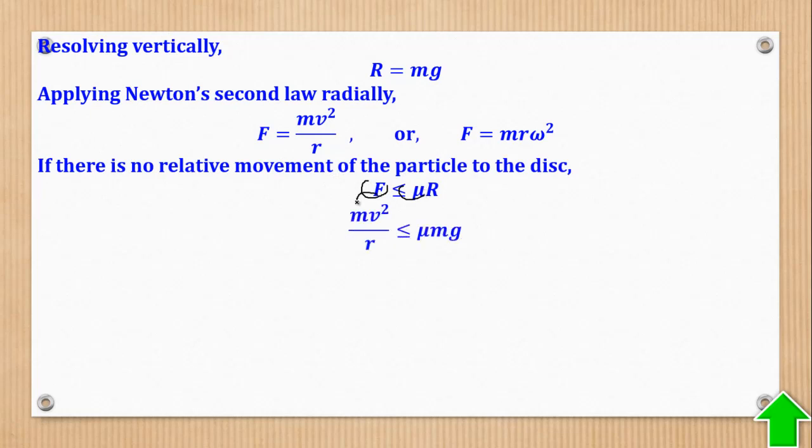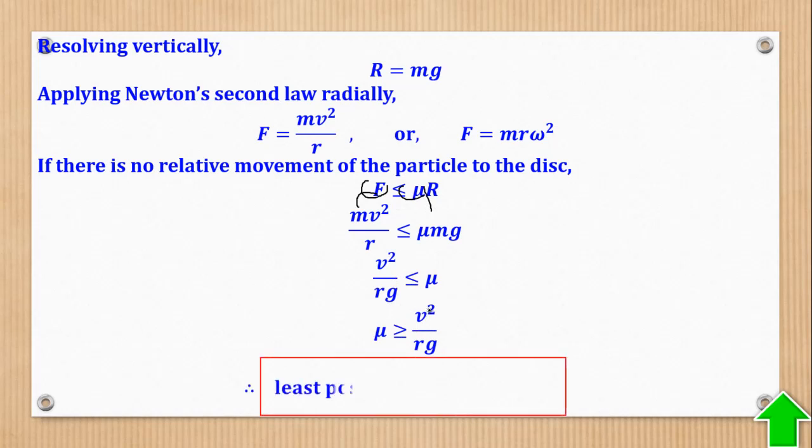So substitute for this centripetal force and that, and you will come up with a condition for mu. So mu should be greater than v squared over rg. And therefore the least possible value of mu, or coefficient of friction, is v squared over rg.